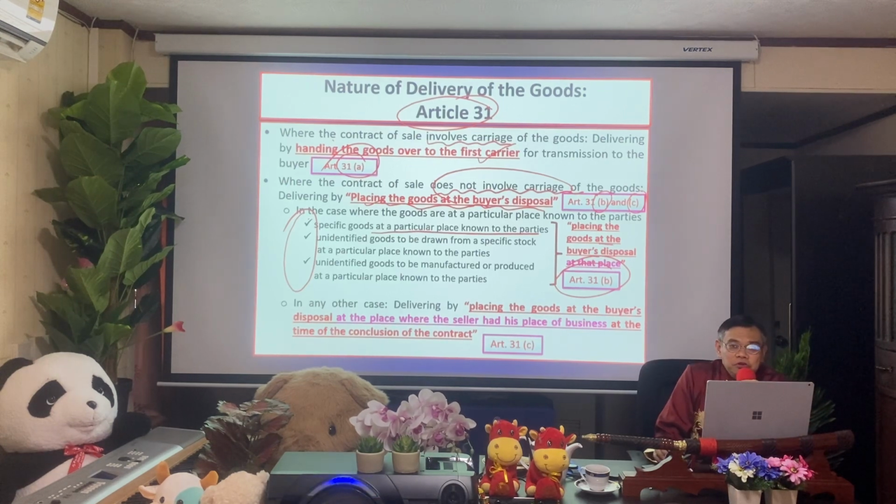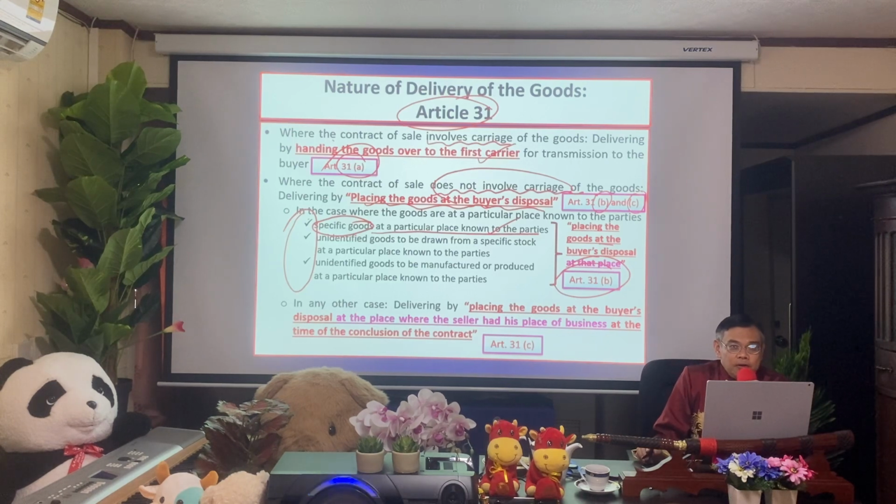So A and B sell goods which are specific goods, and they know the place at which those goods are. According to Article 31(b), delivery will be made by the seller placing the goods at the buyer's disposal at that place known to the parties.